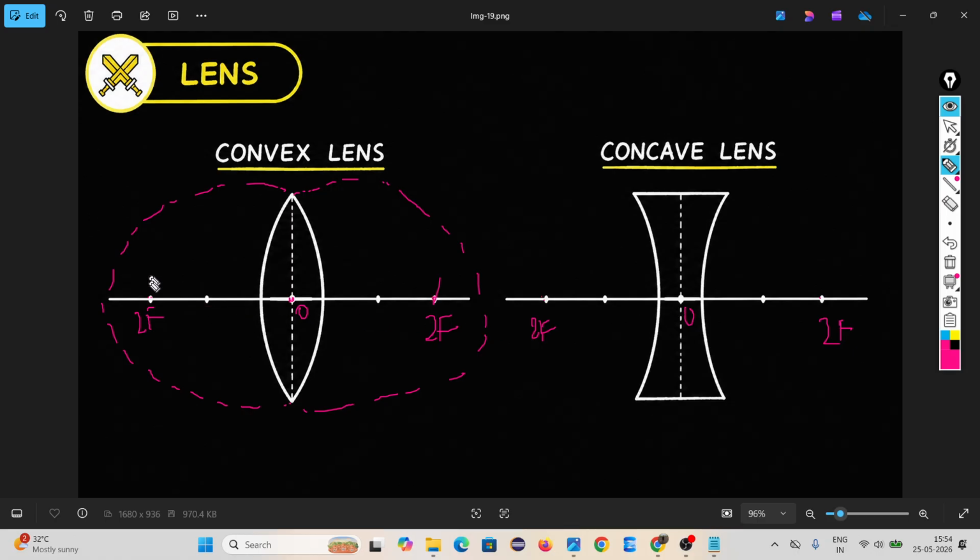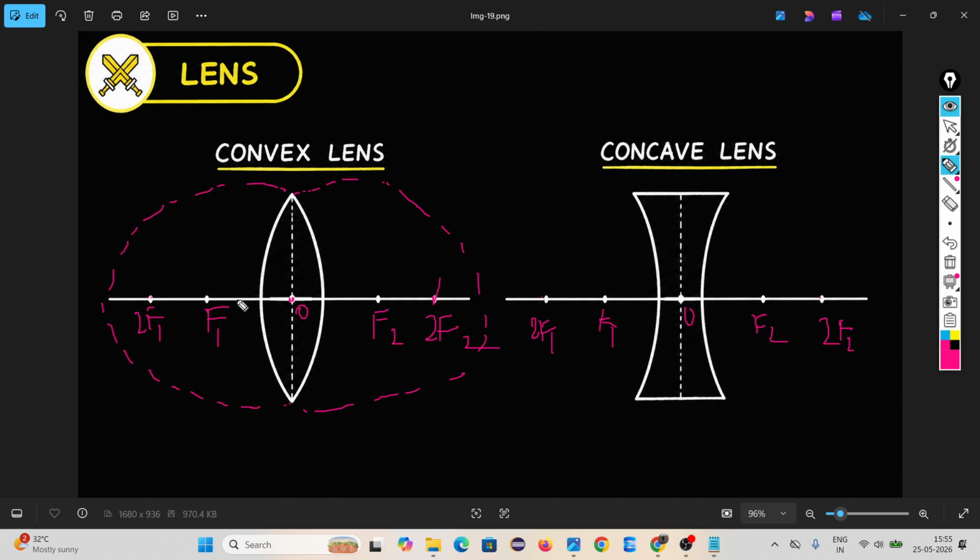Then the midpoint between 2F and O is called the focus, F. You know, na? F, F, so it is repeating. That's why the left hand side is taken as 2F1, F1, F2, 2F2.